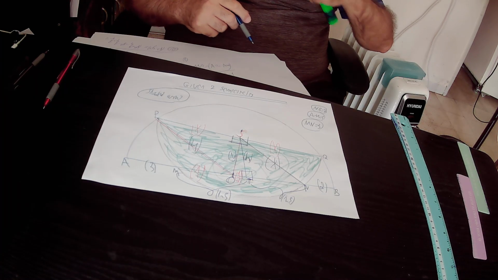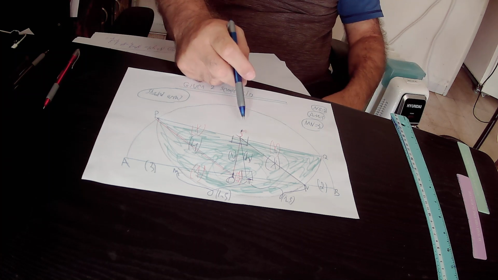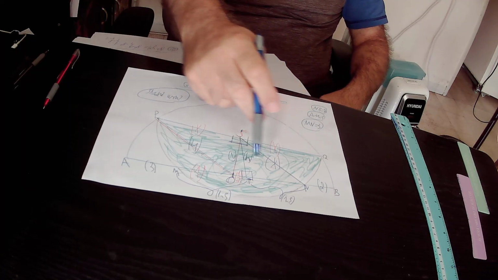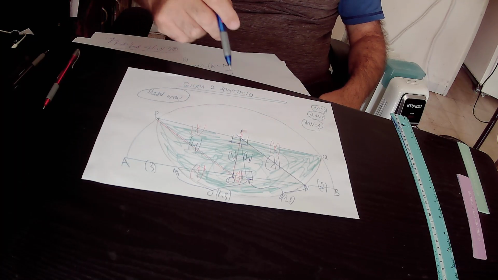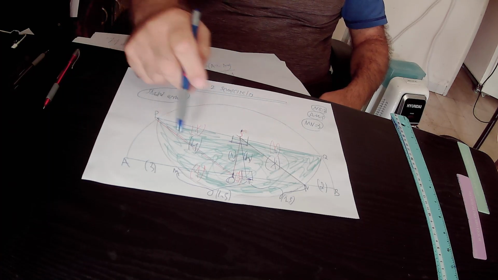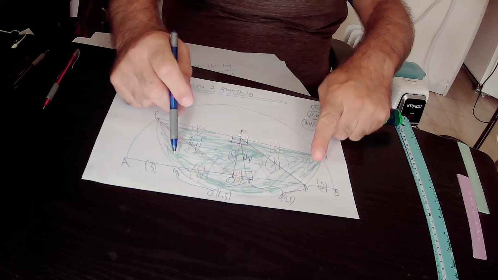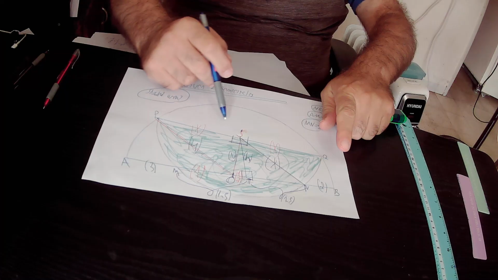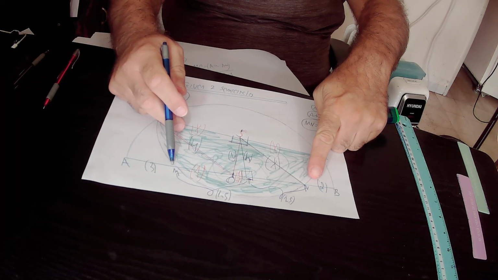That is to say, from point S, that is the center of this small semicircle, we go perpendicular ST on chord MN.